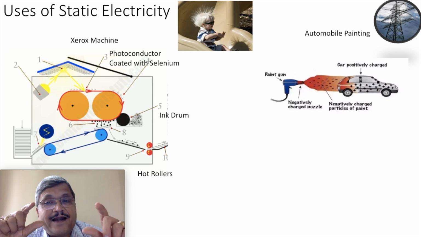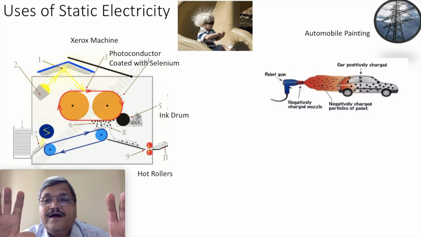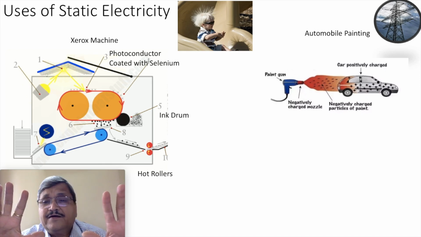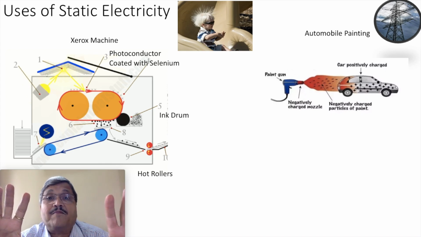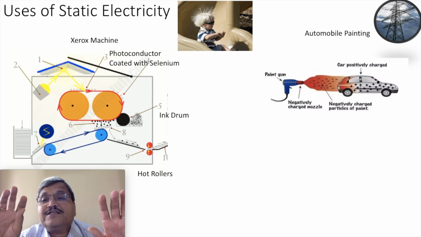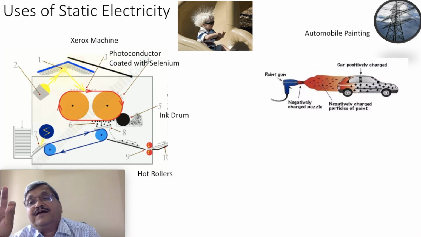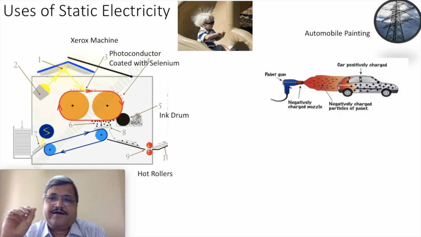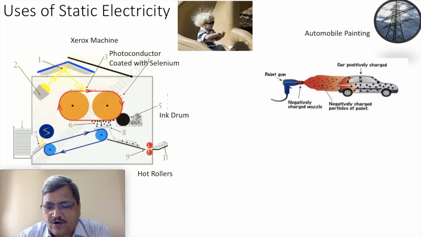So they will get attracted towards the car body, and super fine painting will be formed on the car because they are in atomized condition. So negatively charged particles of paint will touch the car body, and since it is positively charged, it will attract all the paint. So losses will also reduce.